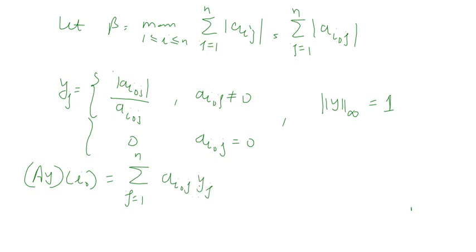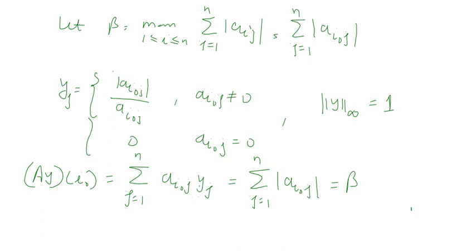If you look at the definition of yj, yj is mod of Ai naught j divided by Ai naught j whenever Ai naught j is non-zero, and yj is 0 whenever Ai naught j is 0. So this is equal to summation j equals 1 to n of mod of Ai naught j, that is equal to your beta, right? So now what does this imply?